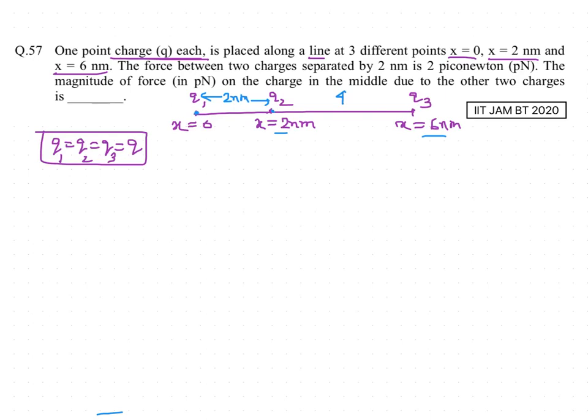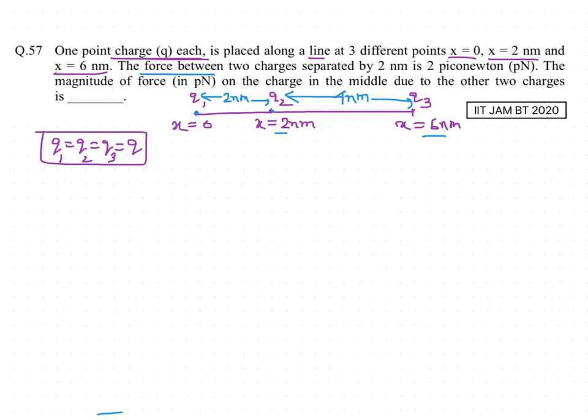So the distance between Q1 and Q2 is 2 nanometer and that between Q2 and Q3 is 4 nanometer.